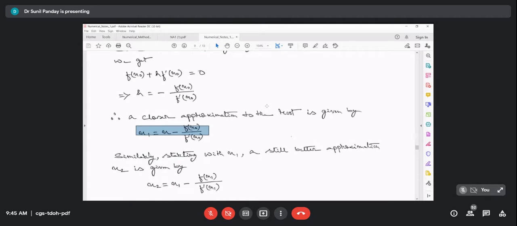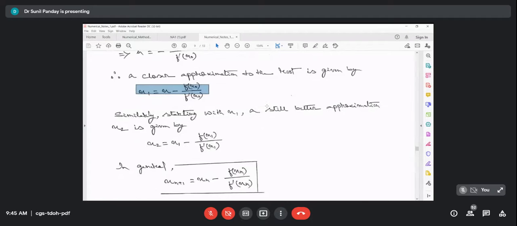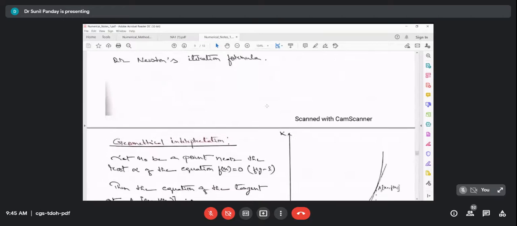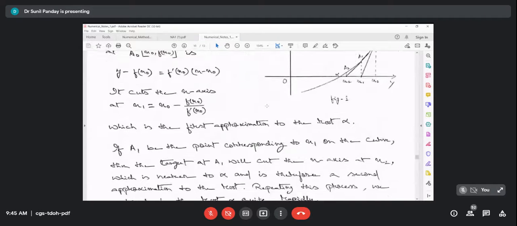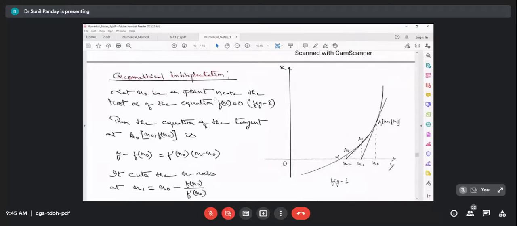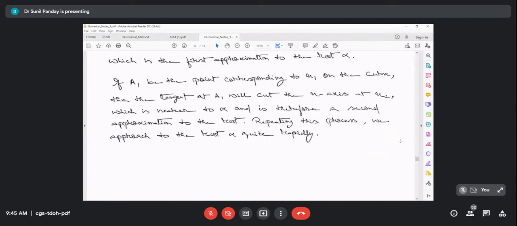This approach is another way of proving the Newton-Raphson method. There also they have given the geometrical interpretation in terms of the tangent. We have already discussed these things.